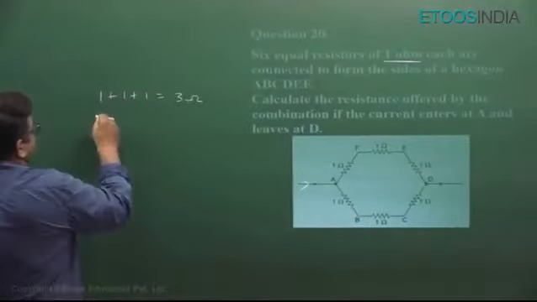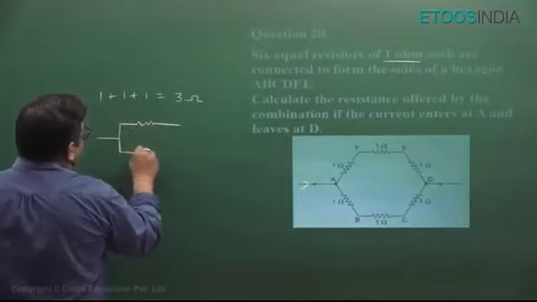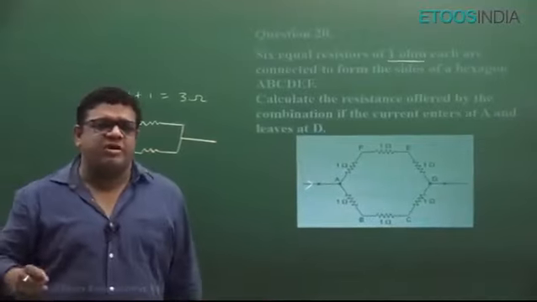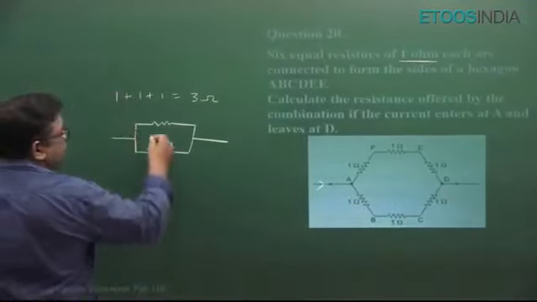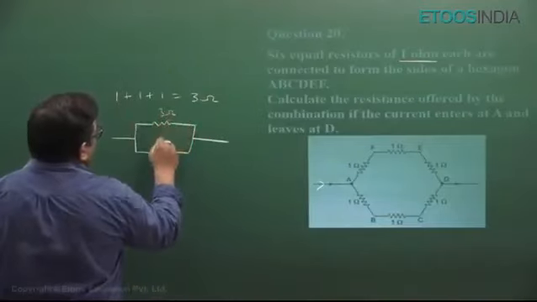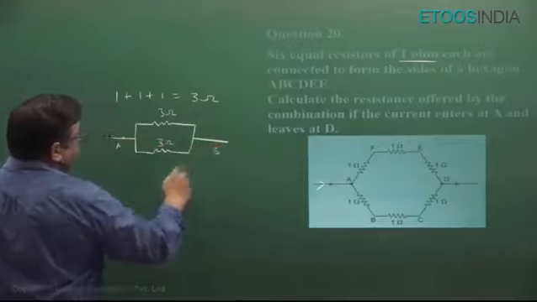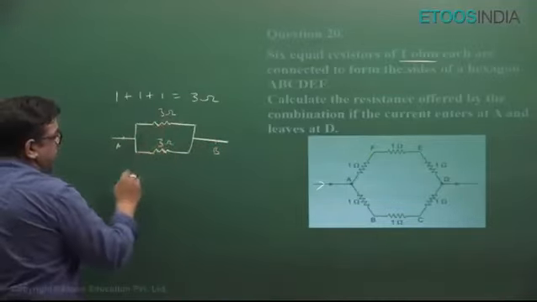And we know that the equivalent diagram will be this. See, it's not always necessary to make an equivalent diagram, but it becomes easiest for us doing it. Now, we know that this is 3 ohm and along with this, 3 ohm. This is point A, this is point B. Got it? As we know, these 2 are connected in parallel.